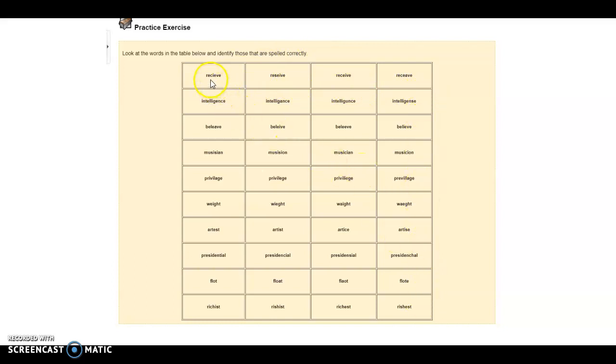So for example, in the first column, you can see that there's 4 different ways of spelling the word receive, and only one of them is spelled correctly. Intelligence, believe, musician, these are all commonly misspelled words, and in some cases they're misspelled in a number of different ways. And so in each column, see if you can find the correct spelling of the word. Okay?